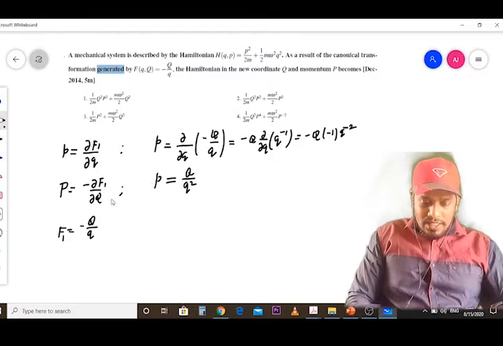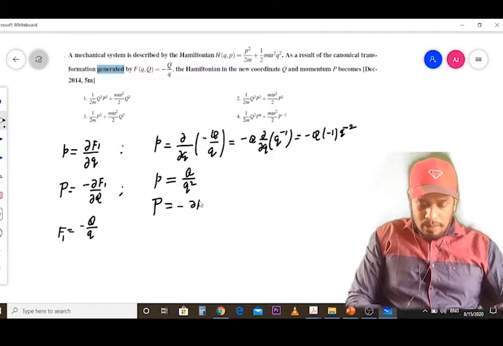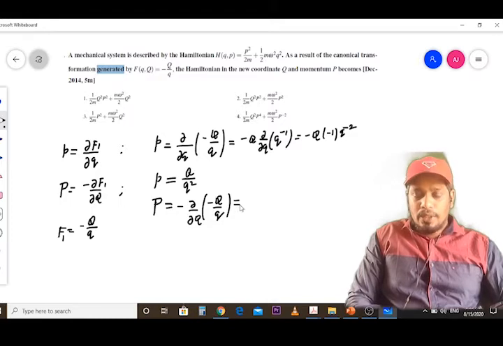The next equation we can use is for capital P. The capital P is equal to minus dou F1 by dou capital Q. The given F1 is minus capital Q by small q. Now the differentiating variable is capital Q, so you can take the small q outside. Minus already outside, it will be plus.